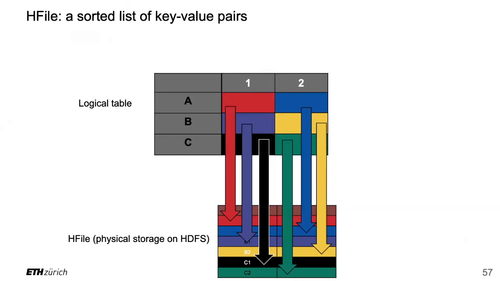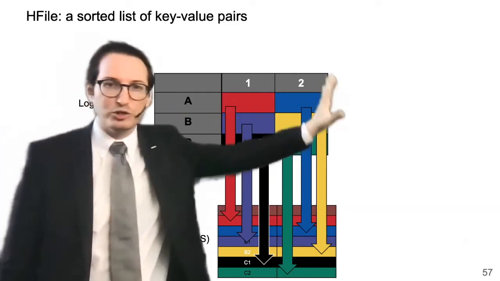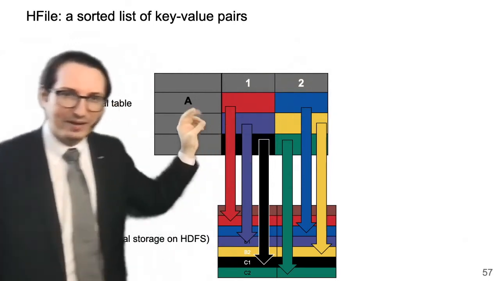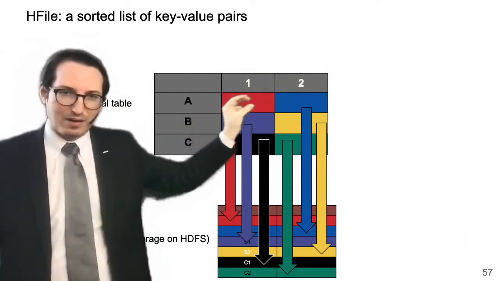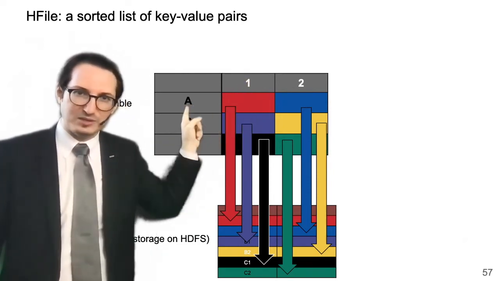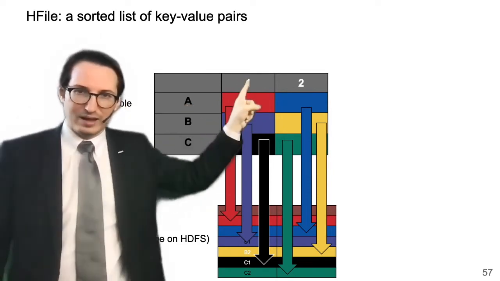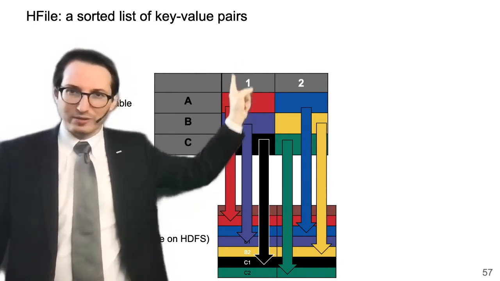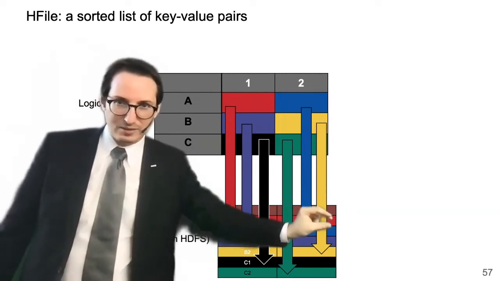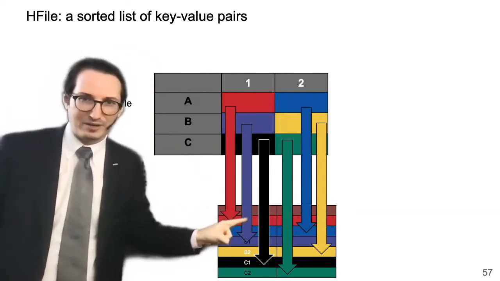So what happens is that every cell that is in my logical table, this is the logical view of my region, my column family, I have here a cell that corresponds to A1, right? So this is row ID A and column name 1 within some column family. It's going to be stored right here in the H file where I have here A1.